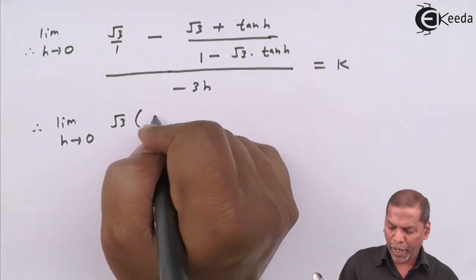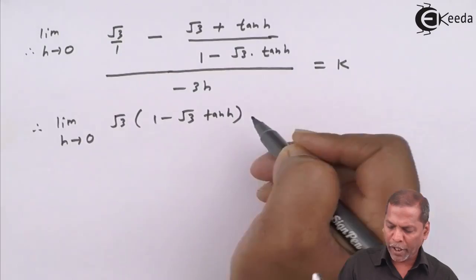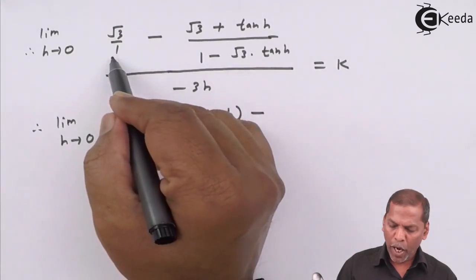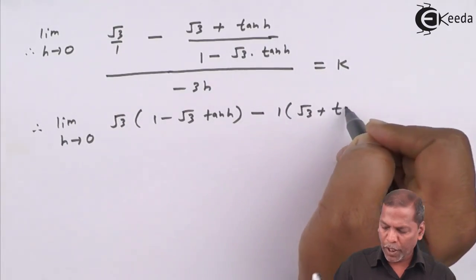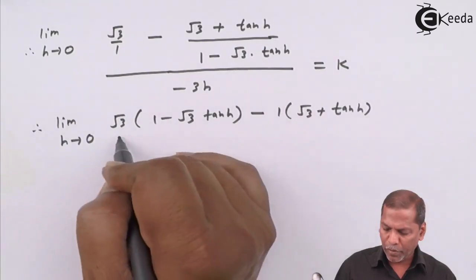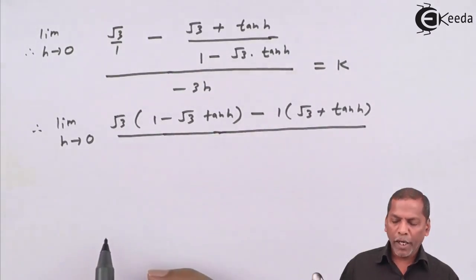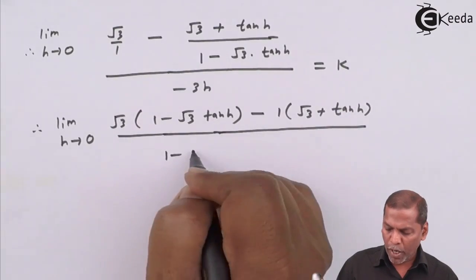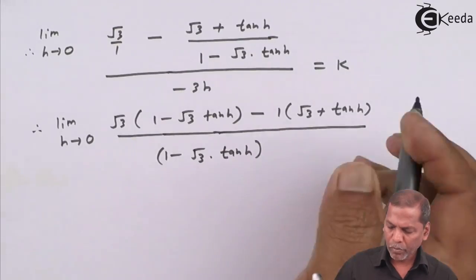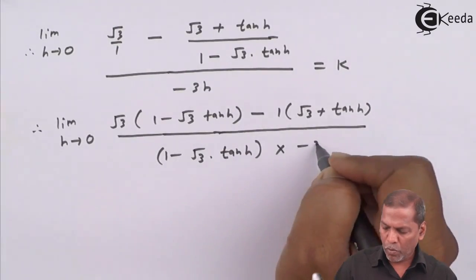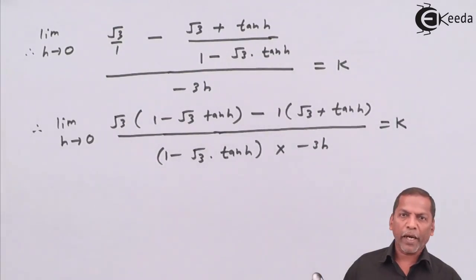So root 3 in bracket (1 minus root 3 into tan h) minus 1 into (root 3 plus tan h), whole thing divided by (1 minus root 3 tan h) into minus 3h is equal to k.